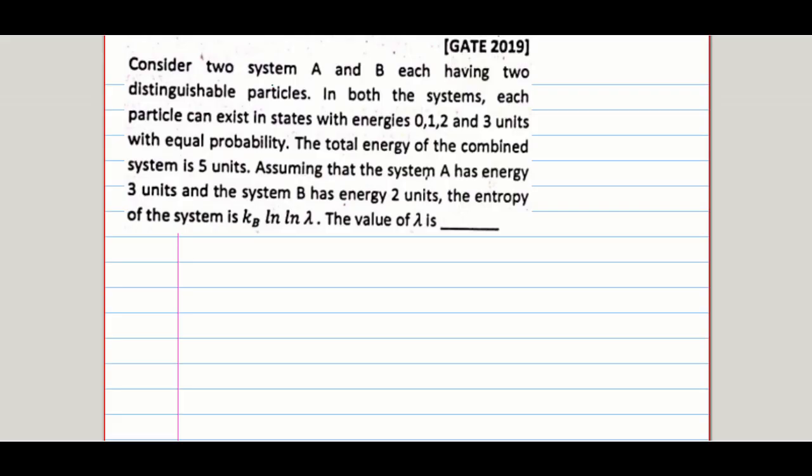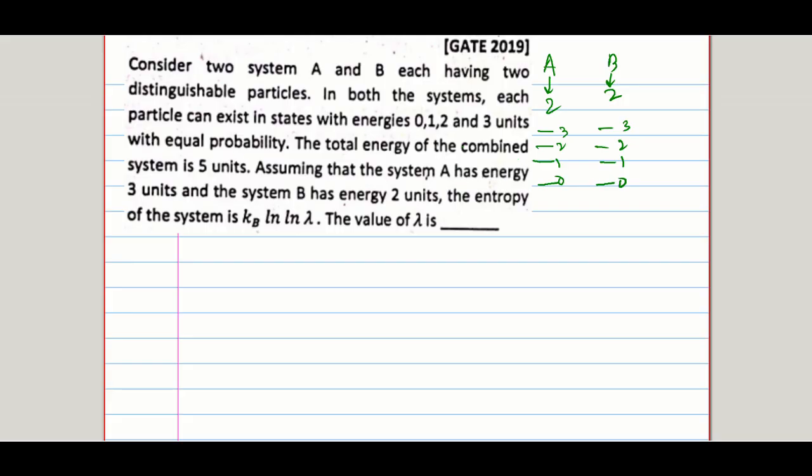Now consider two systems A and B, each having two distinguishable particles. A has two particles, B has two particles. Each particle can exist in states 0, 1, 2 and 3 units with equal probability.